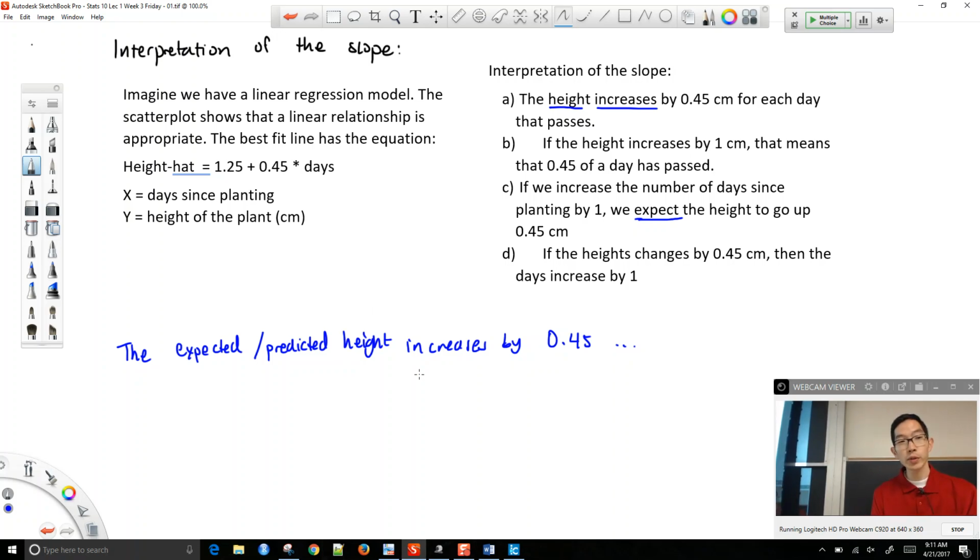Again, when we create a linear regression model, it's a model that shows what we predict or what we expect. It's not showing the actual relationship between x and y. So this is not correct because this is about the actual relationship.